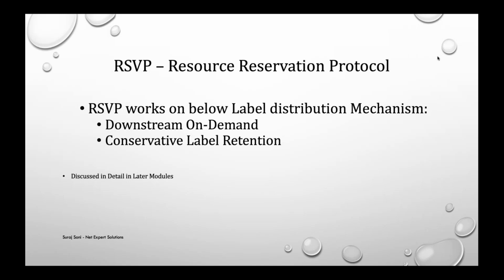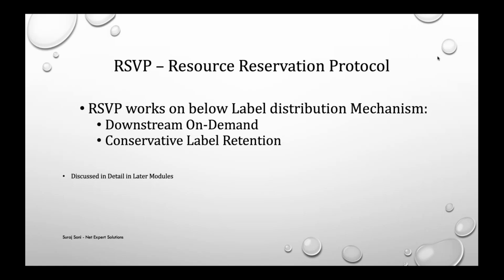In LDP, the labels are allocated automatically. What will happen if a router receives the same label from two different neighbors? It's okay, I will keep them. Why? Because there will be two different outgoing interfaces and two different next hops. So if he is sending me the same label, it's okay, I will store it.